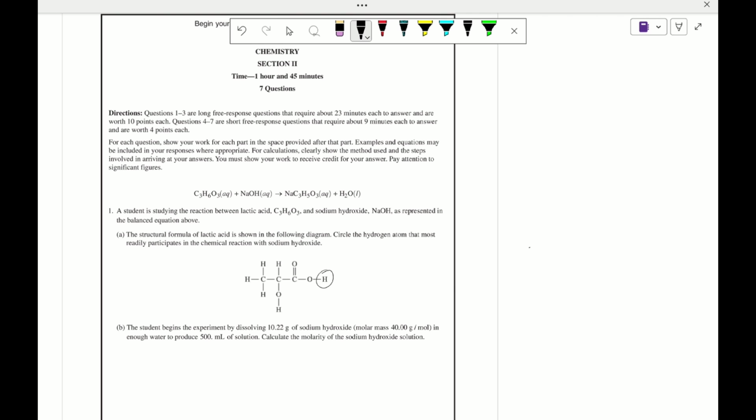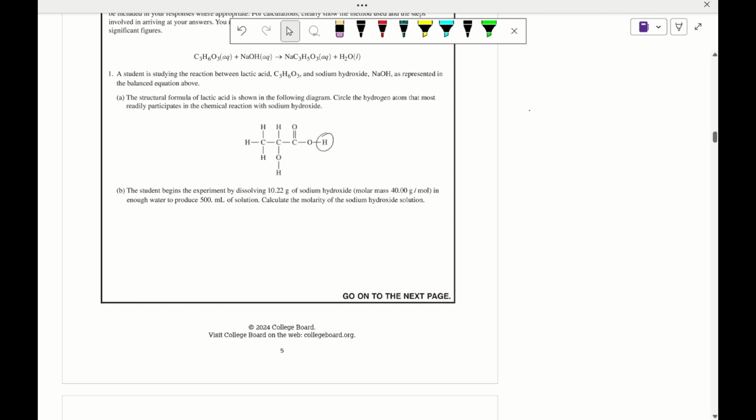And then the next question, a student begins the experiment by dissolving 10.22 grams of sodium hydroxide in a 500 milliliter solution. Calculate the molarity. So we know molarity equals moles over liters. So to calculate the moles, we have 10.22 over 40, and then times 1 over liters.